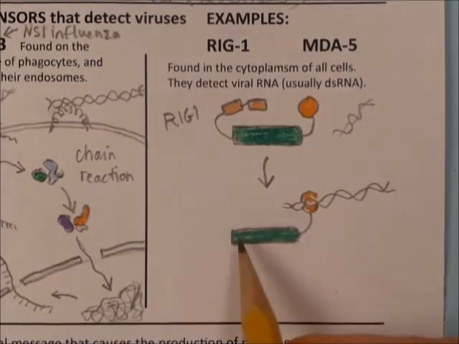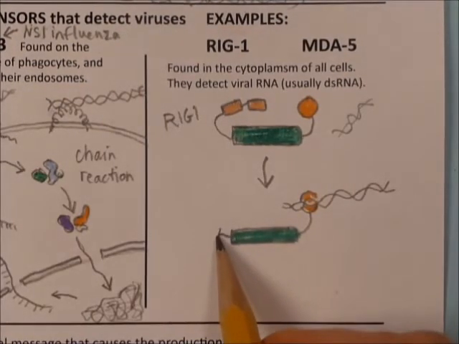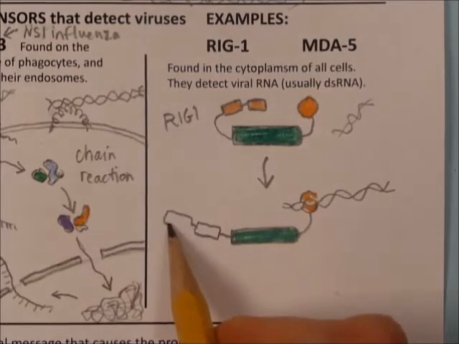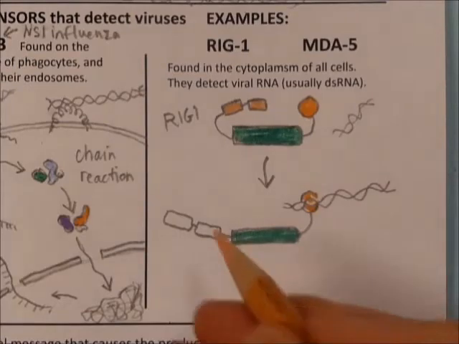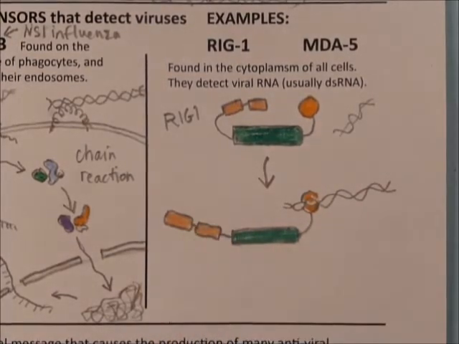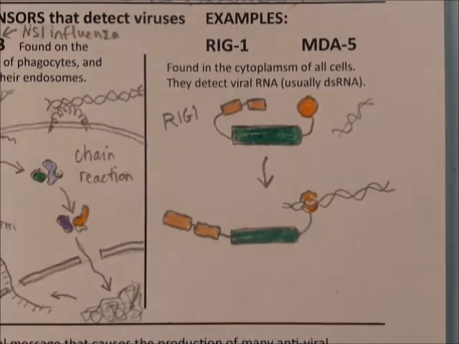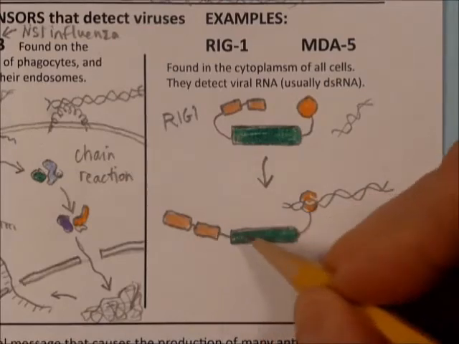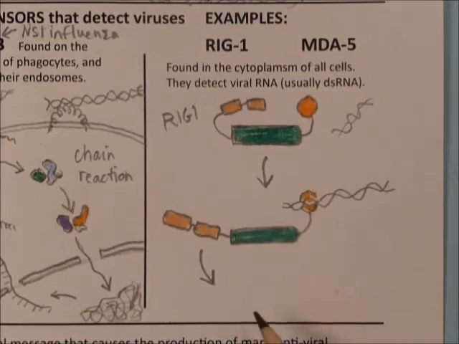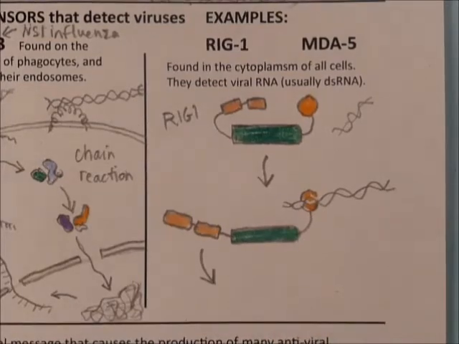And then the shape changes, it uncurls. So this causes the shape change, and then this shape change causes a whole bunch of other changes that lead to the production of interferon.